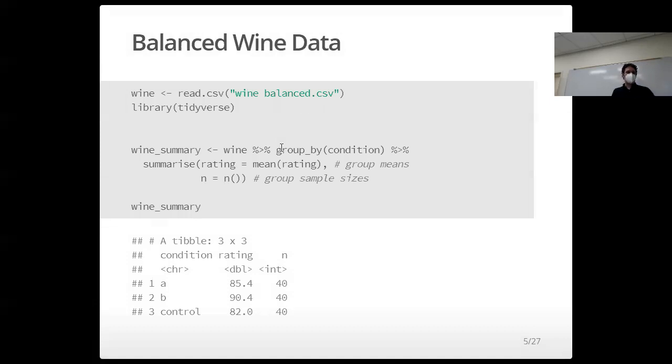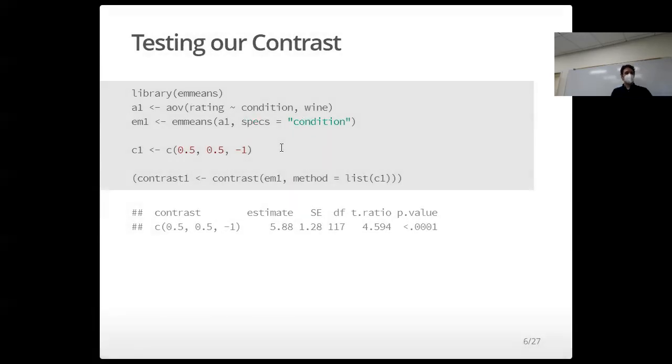Let's do the same thing we did before. I'm going to load up my data and get the means of each group, and just to show that the sample sizes are equal here, we see that each group has n equals 40. The means are a little bit different because it's slightly different data. Same idea. I can test my contrast the same way that we saw using the emmeans package, just by defining my contrast and entering it into the contrast function.